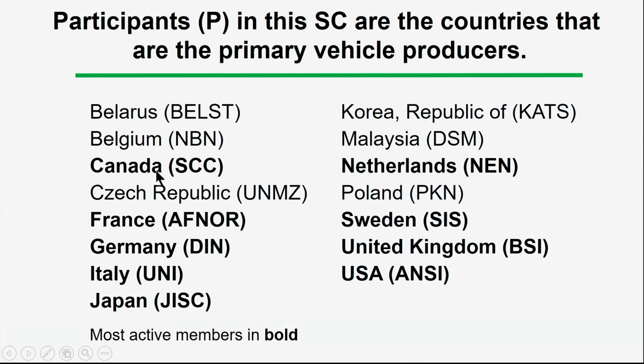And so again, these are the major vehicle producers: Canada, France, Germany, Italy, Japan, the Netherlands, Sweden, UK, and US. So you can be a P member, but the number of delegates that you send to a meeting, the level of effort that you provide can vary between members. These are the most active ones.